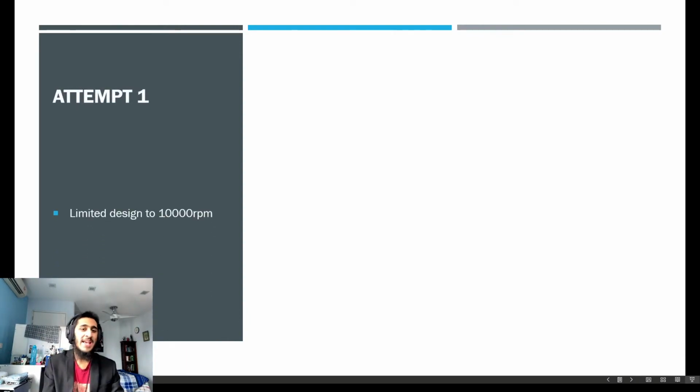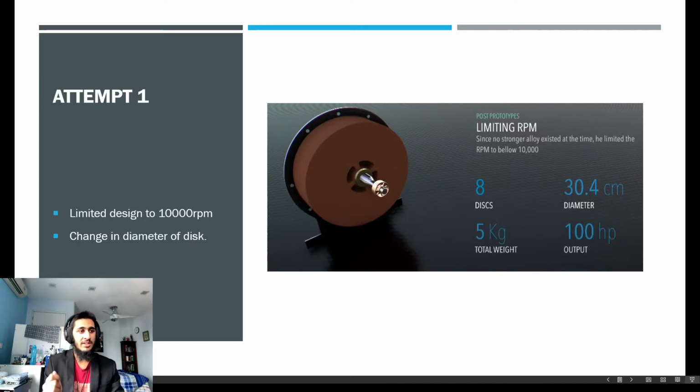We have over here where he limited his design to 10,000 RPM and changed the diameter of the disc. So we can look at the specifications here, right? Still 8 discs, diameter went to 30.4 cm. This machine over here, which was only 5 kg in weight, was able to produce 100 horsepower output. Already very impressive.